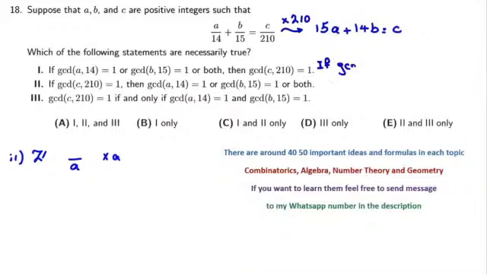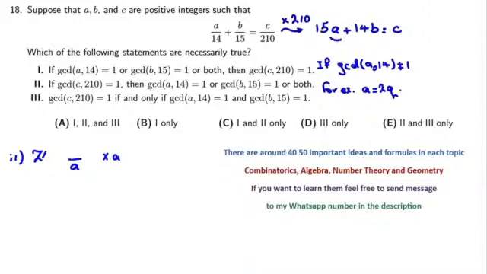If GCD of a and 14 is not 1, for example, suppose a is an even number, 2q, then GCD of A and 14 is at least 2.